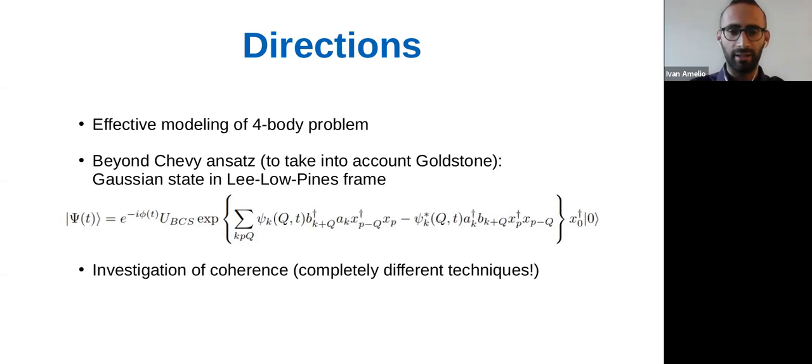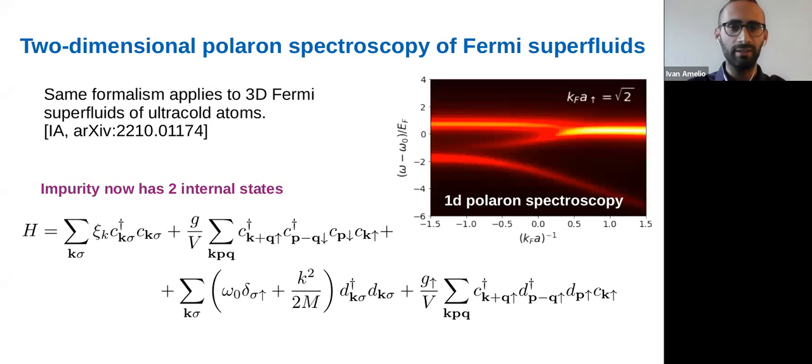So since I have another 5 minutes, I would quickly mention that this same BCS polaron formalism can be applied to 3D Fermi superfluids of ultra-cold atoms. So in this case, what one has is two fermionic species with some contact attraction.